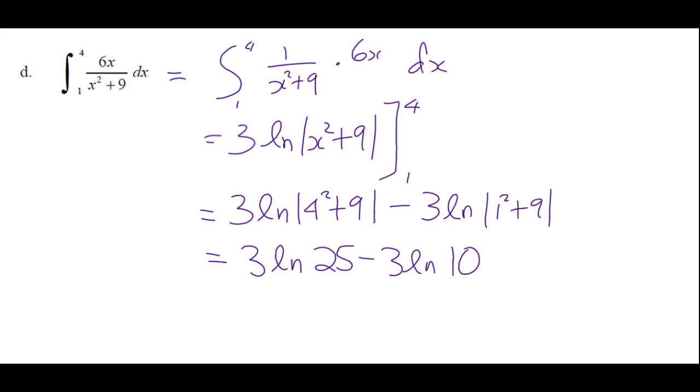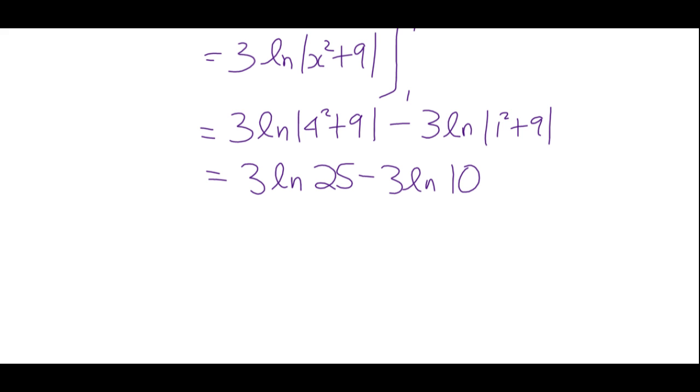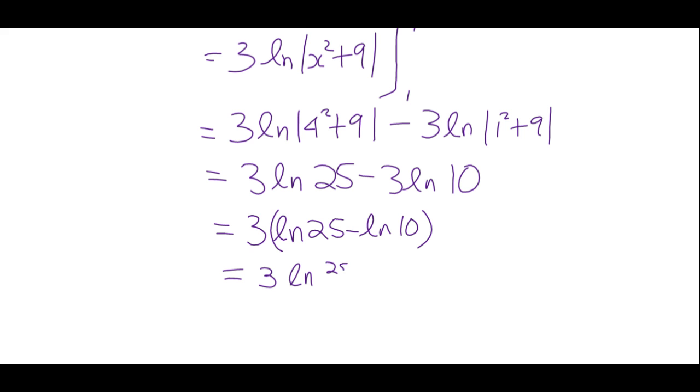So here, let's play some simplification games. Let's factor out the 3. We've got ln minus ln, which simplifies to, the difference of lns is the ln of the quotient.